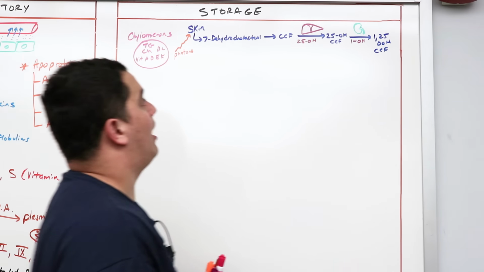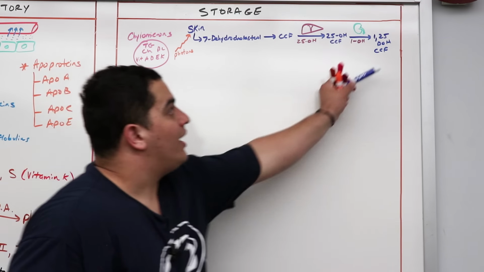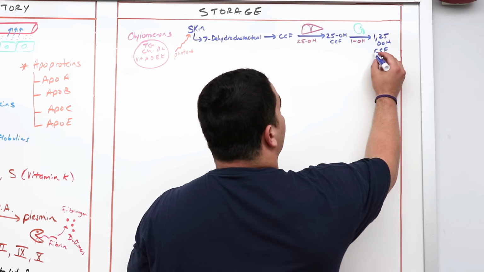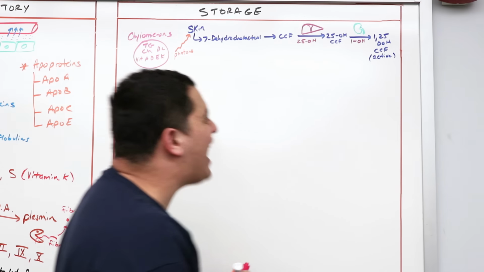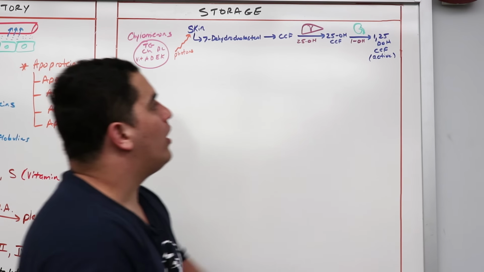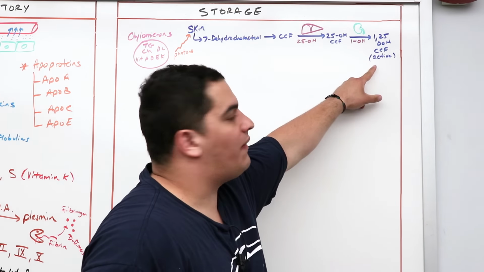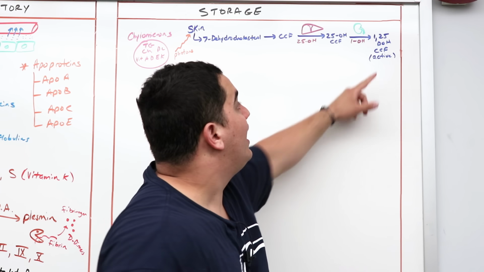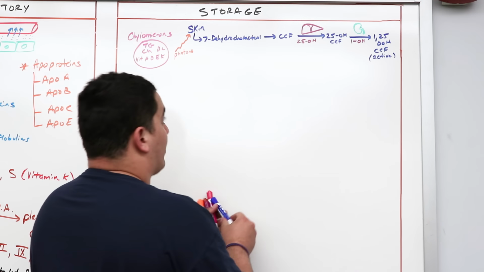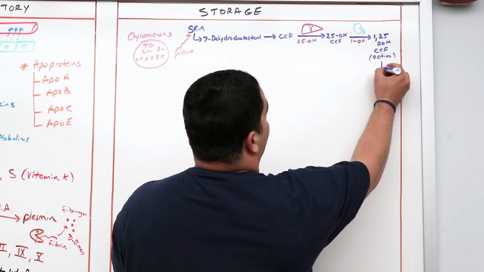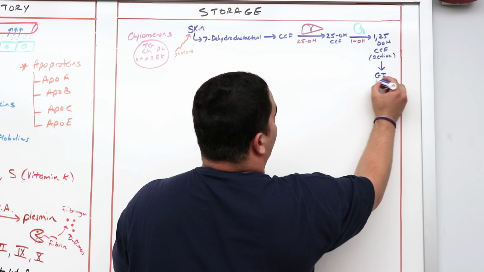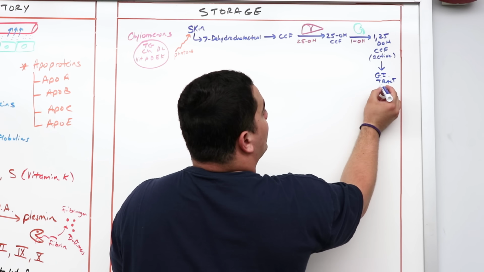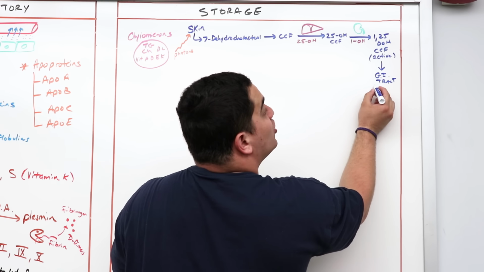1,25-dihydroxycholecalciferol. Holy crap. Now, what is this guy? This is the active form of the vitamin D. Now, what this 1,25-dihydroxycholecalciferol does is he goes to your GI tract. When he comes to your GI tract, it increases your calcium absorption.